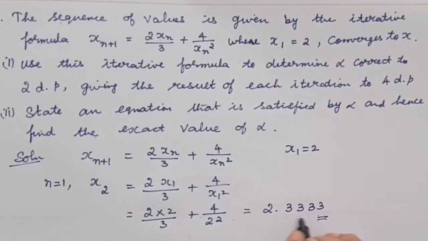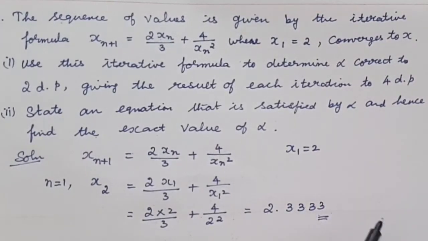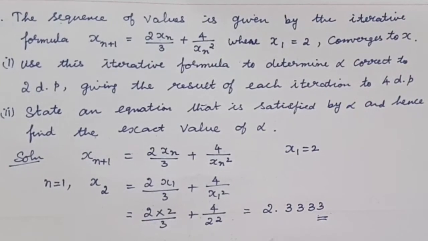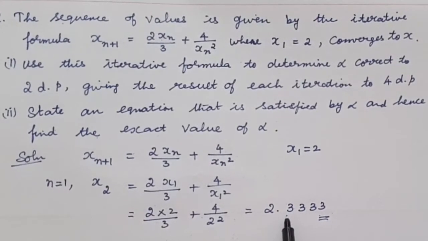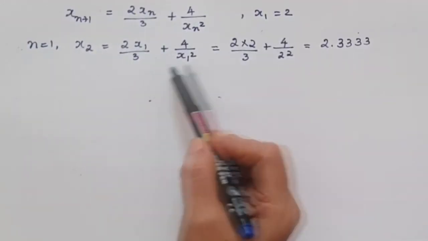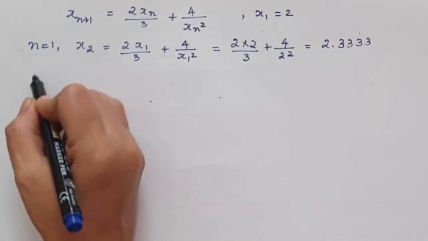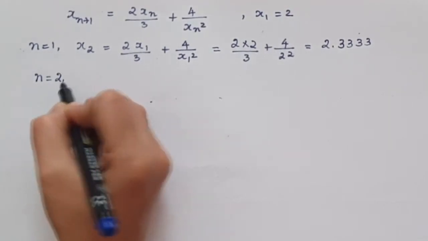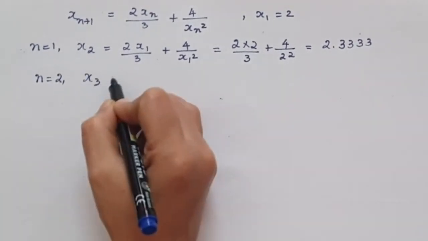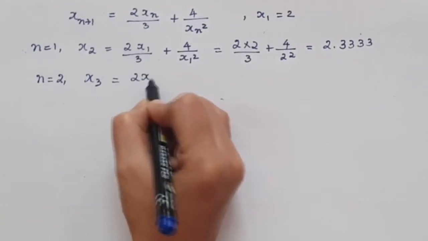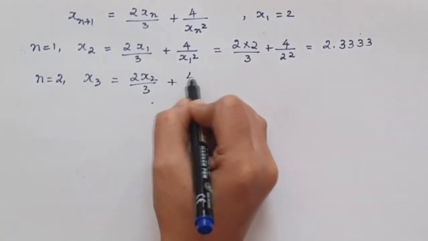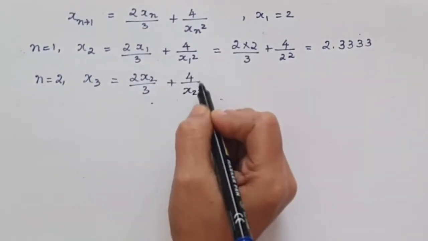We have to give every answer correct to 4 decimal places. So now we need to proceed until we get a repeated answer. Now this one we have done in a previous part. Now we'll take the value for n equal to 2. When n equal to 2, we get x3 will be equal to 2x2 over 3 plus 4 over x2 squared.